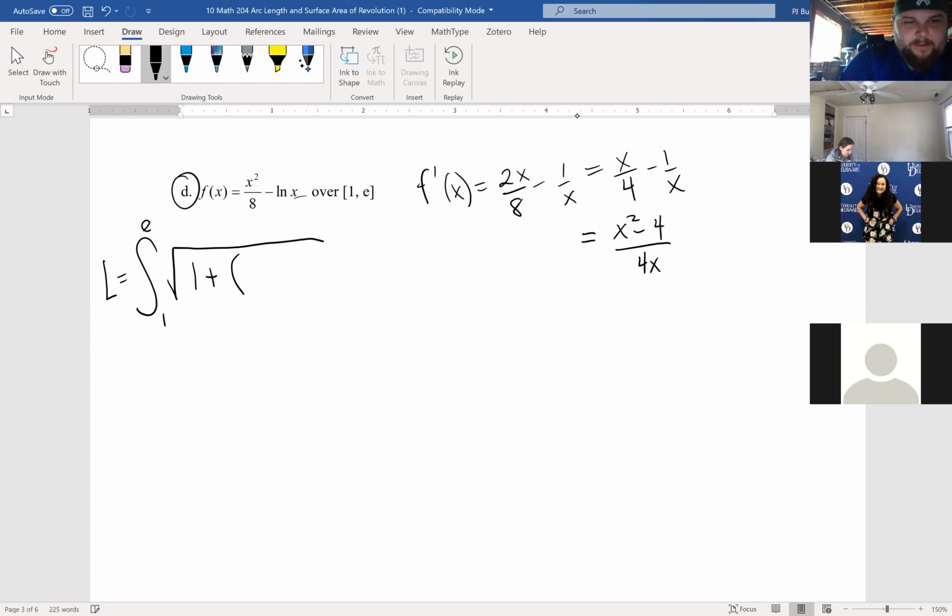So I'm just trying to think which form do I want to plug in. I think I will go ahead and plug in the x squared minus 4 over 4x. And that has to be squared. And of course, we need dx. Everybody with me so far?